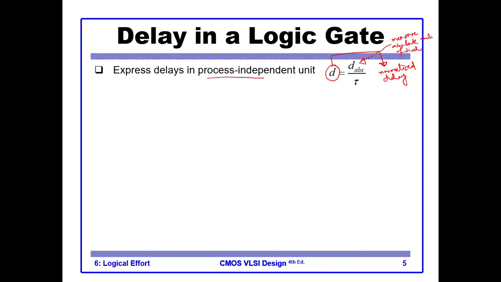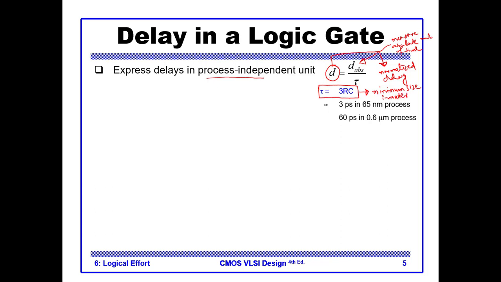So this is what you measure, and tau is basically the delay. It is equal to 3RC, 3 times R into C. This is basically the delay of a minimum size inverter.